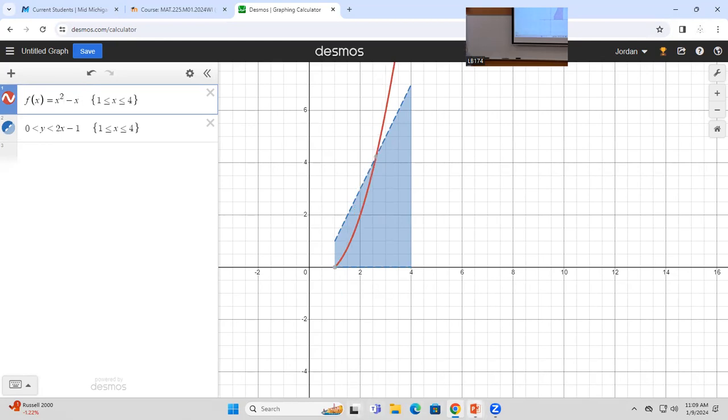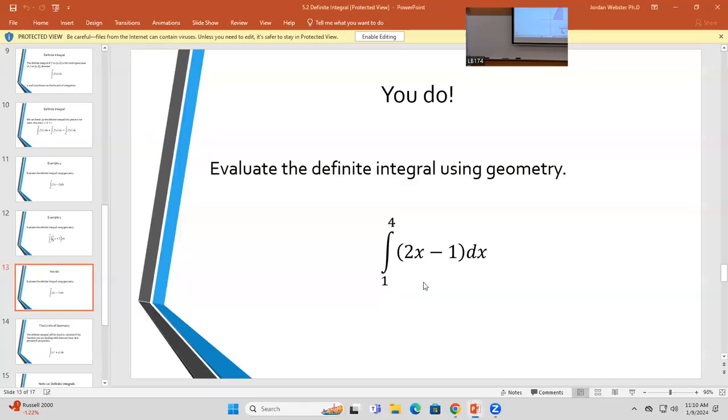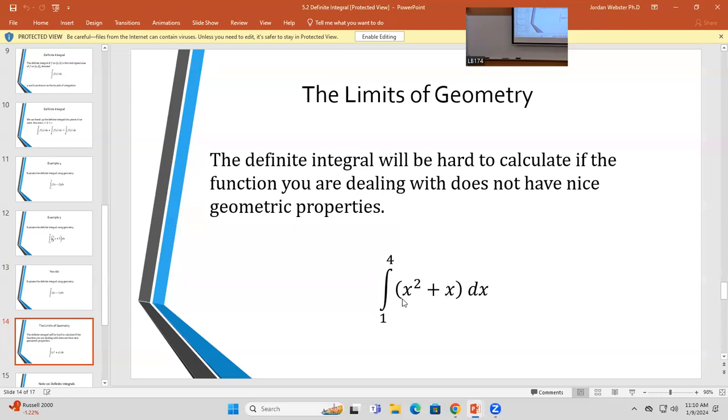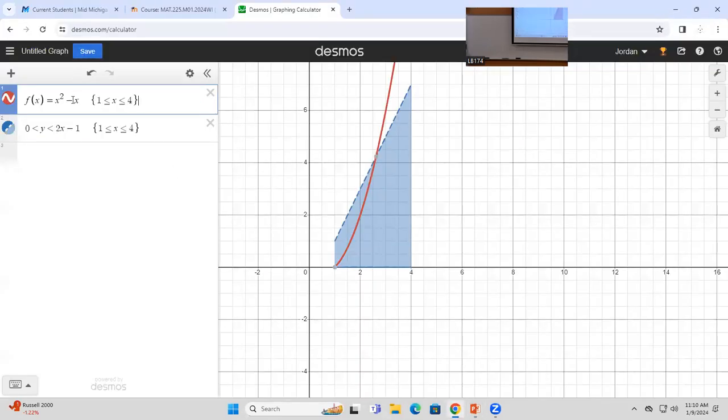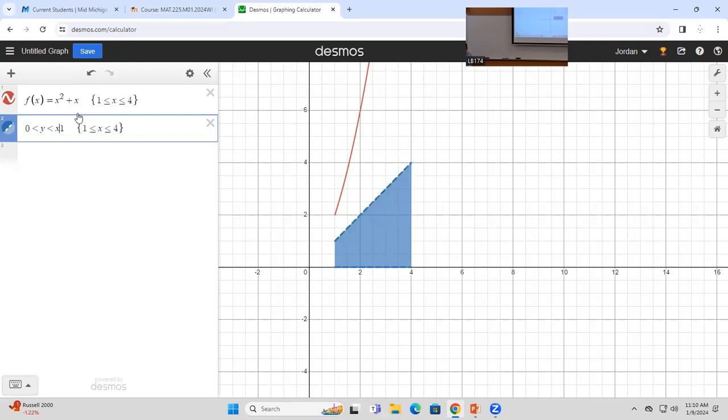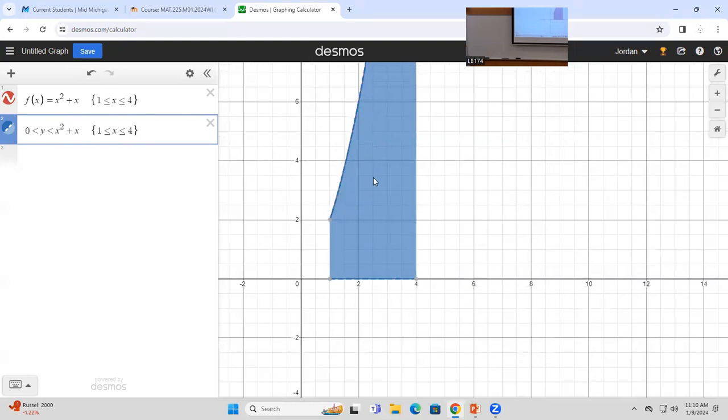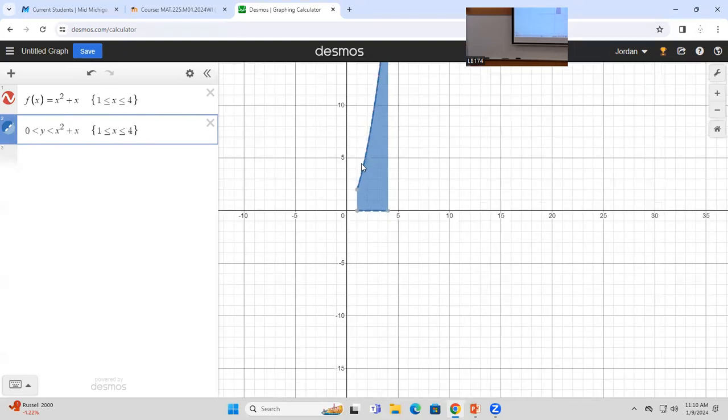x squared plus x, from 1 to 4. Even though this little curve looks fairly triangular, it's not a triangle.